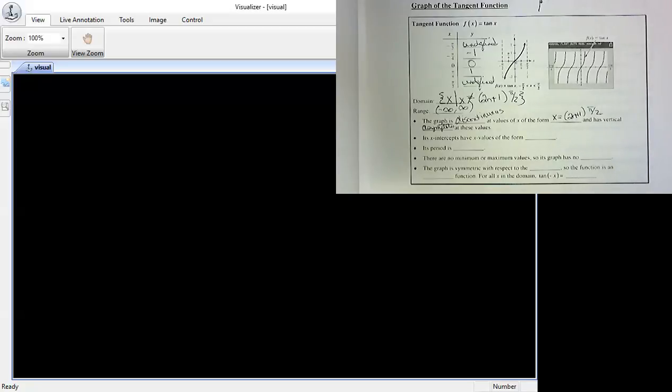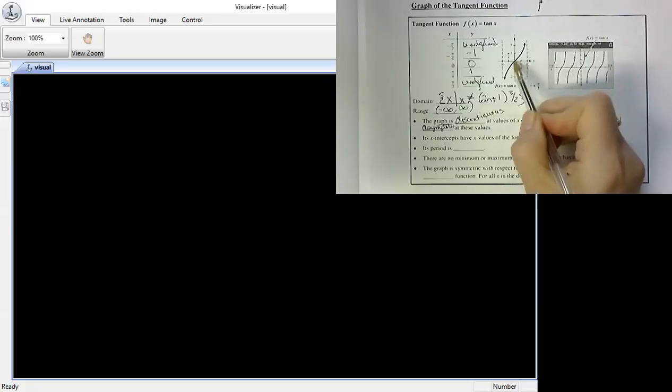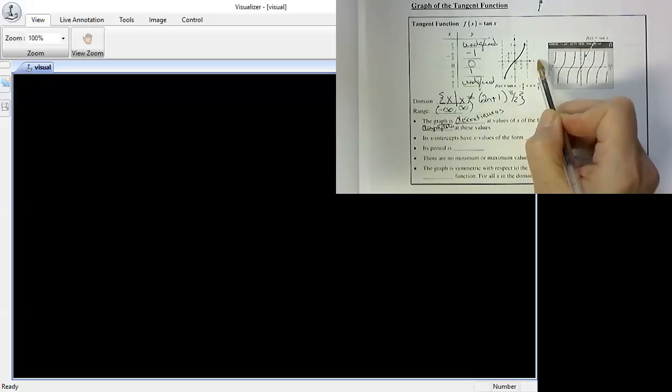Now, if I want to know where x-intercepts are, I know I have one at 0. Guess where else I have one? At pi. Those x-intercepts are going to occur at multiples of pi. They would be pi, 2 pi, negative pi, 0. The period is what?